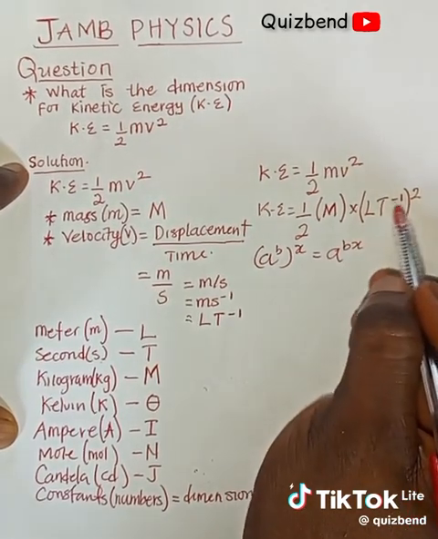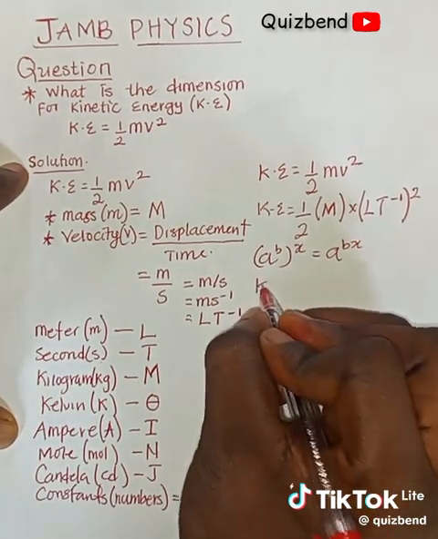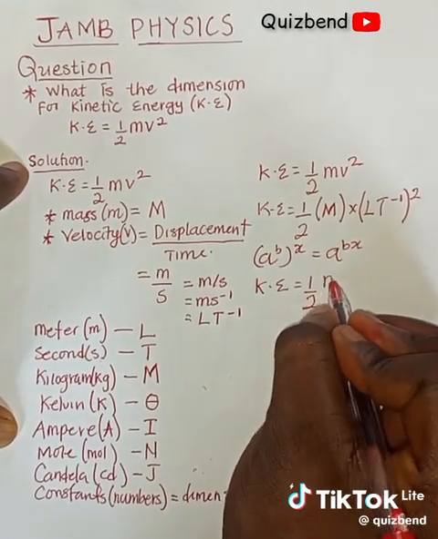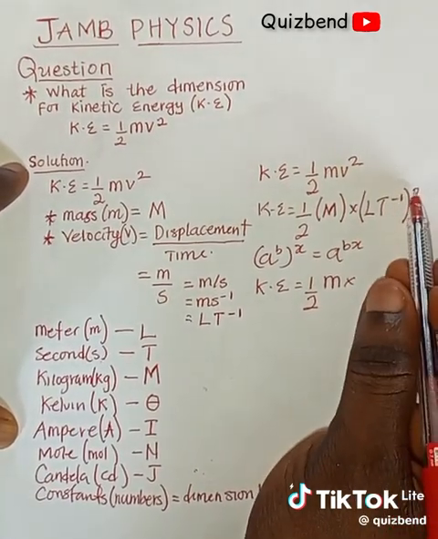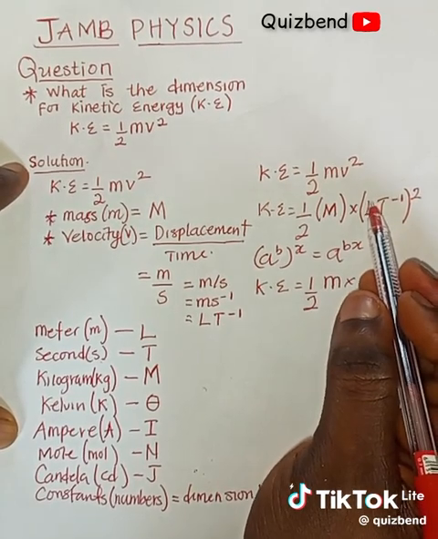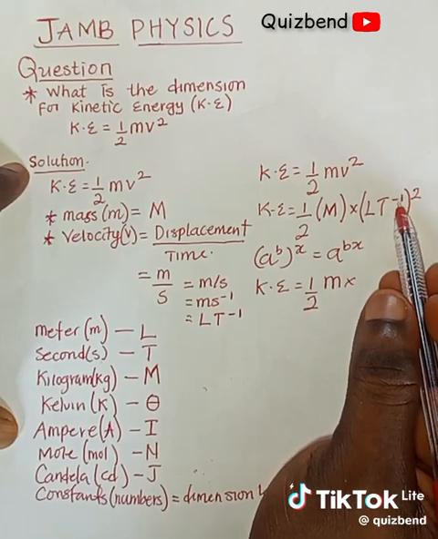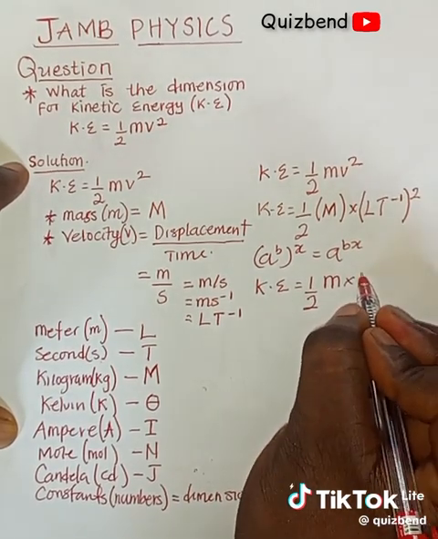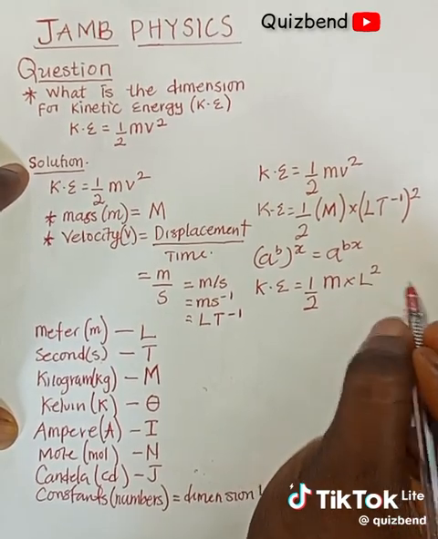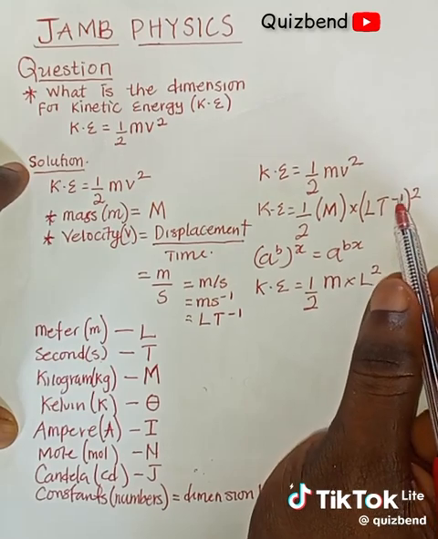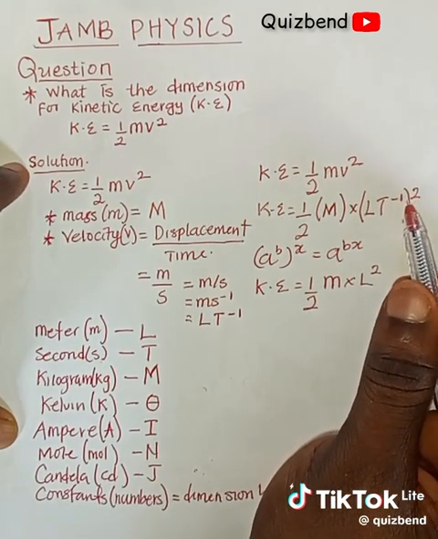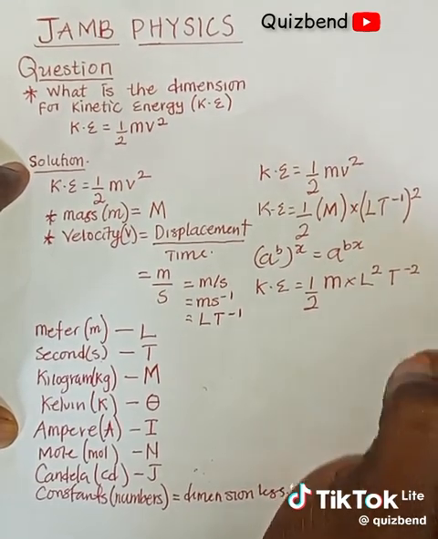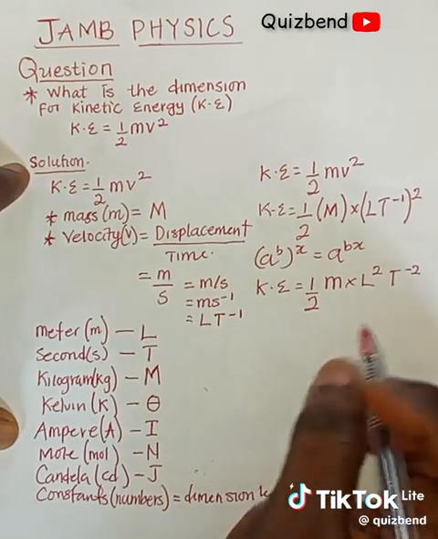So we are going to say our kinetic energy is equal to 1 over 2, then the power of 2 multiplies the power of L and the power of T. The power of L is 1, so 1 times 2, we have L raised to the power of 2. For T raised to the power of -1, you multiply 2 by -1, we get T raised to the power of -2.